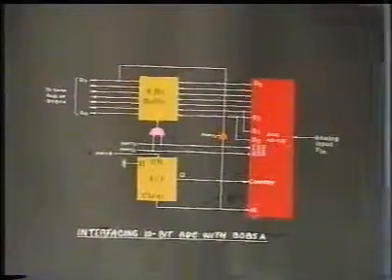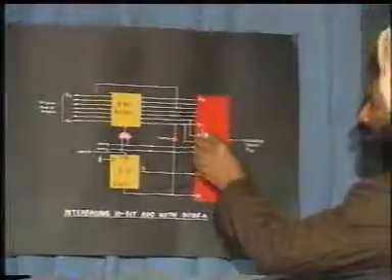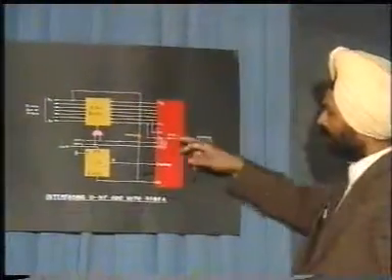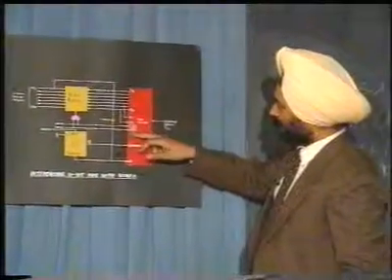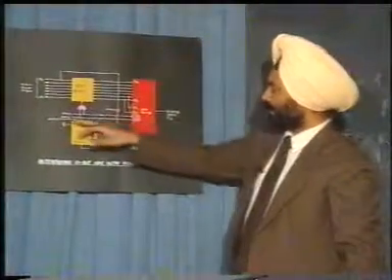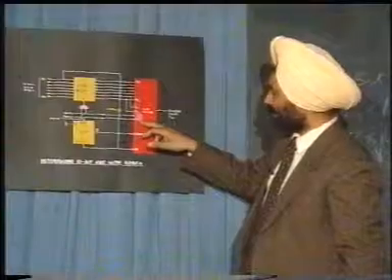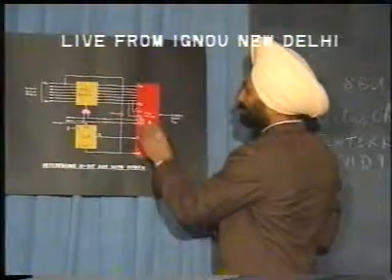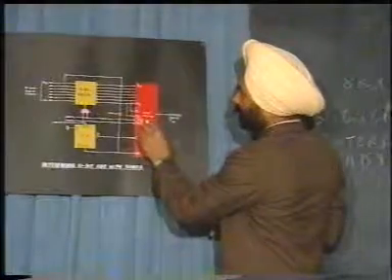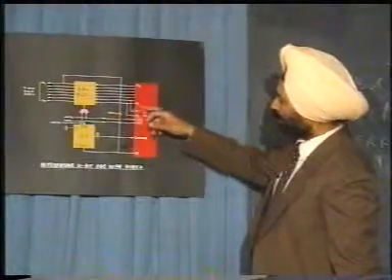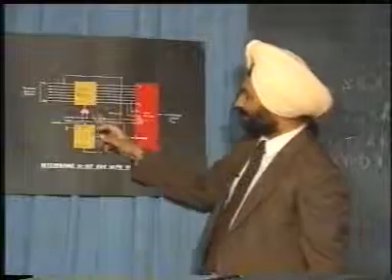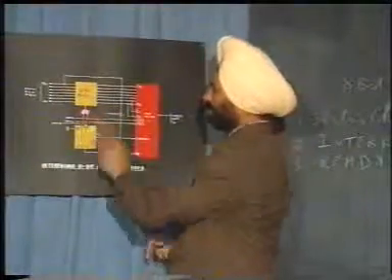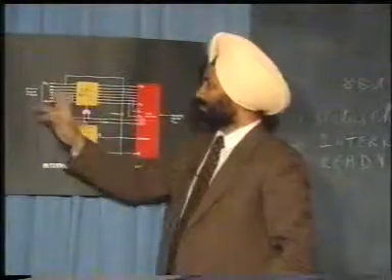In this case, the lower byte will have only 2 bits, D0 and D1. They can be read by LBE bar active. That means the port 2 enable signal will activate this enable signal, which will activate the LBE bar signal, which will allow D0 and D1 to be read through this buffer. This is an OR gate here, so 2 bits will be read.